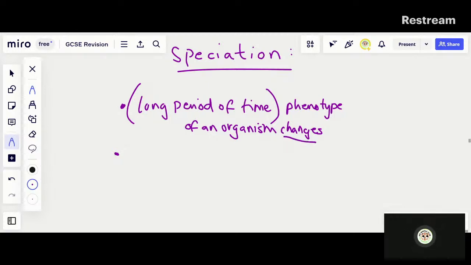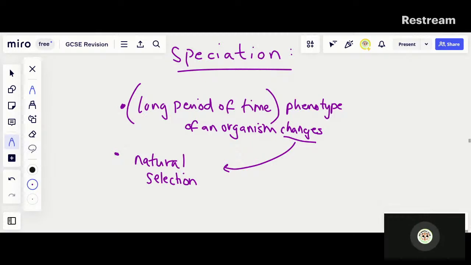Why does it change? It changes because of natural selection. And natural selection is how over time genetic variants occur, and certain genetic variants are more beneficial, and therefore those with that survival advantage are more likely to survive and more likely to reproduce compared to others, and therefore they will become more popular.